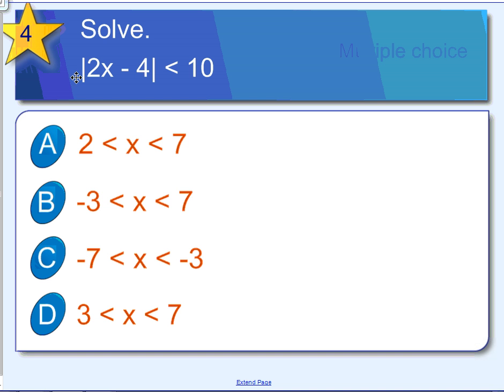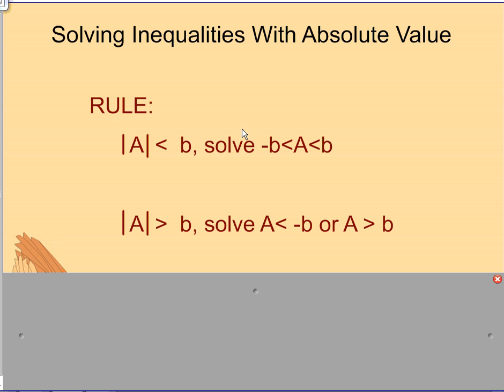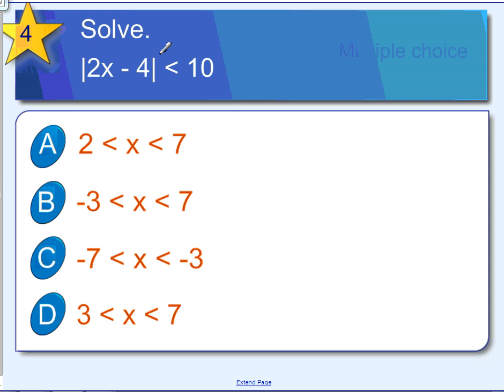So we have the absolute value of 2x minus 4 is less than 10. All right, so we're going to go up and remember what our rule is. In this case, we are going to be using this first one. So I'm going to need to put this into an inequality.